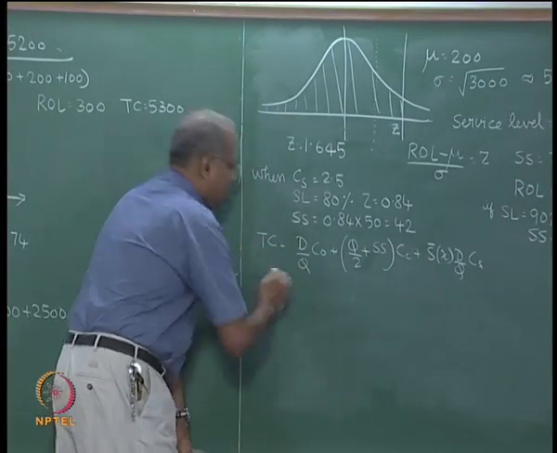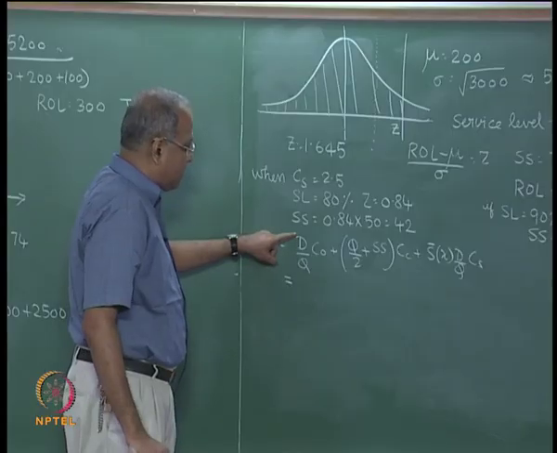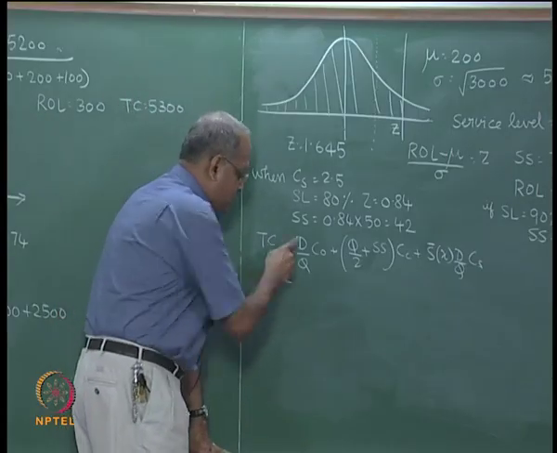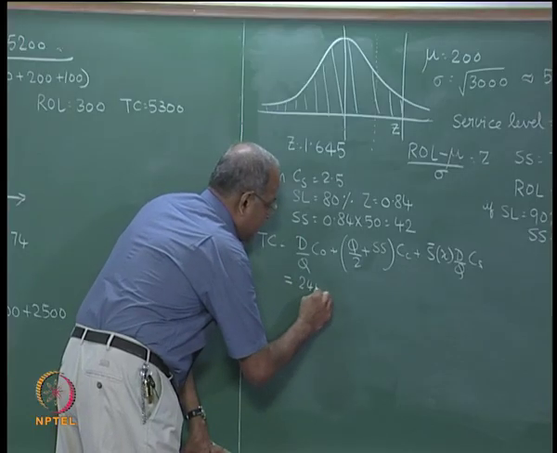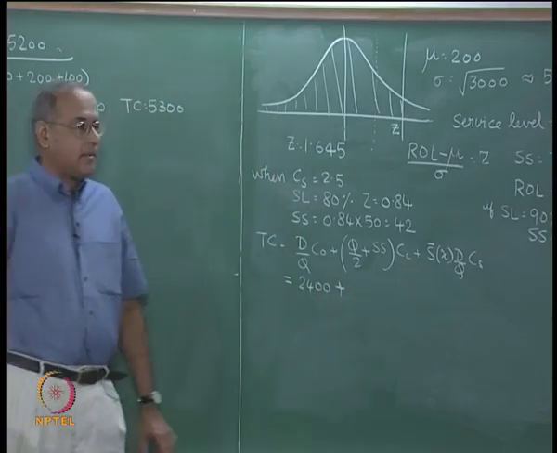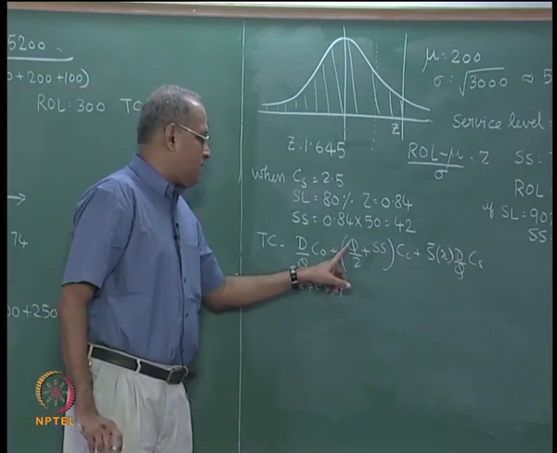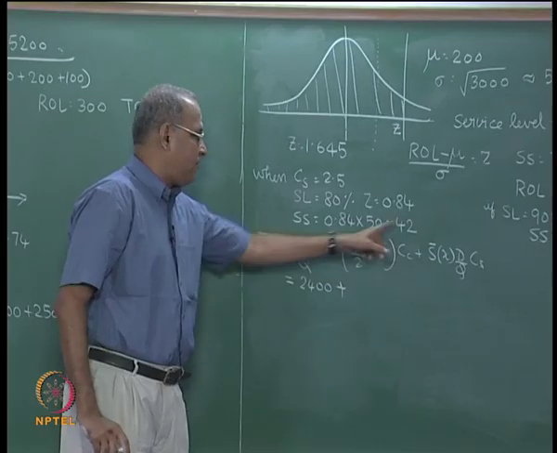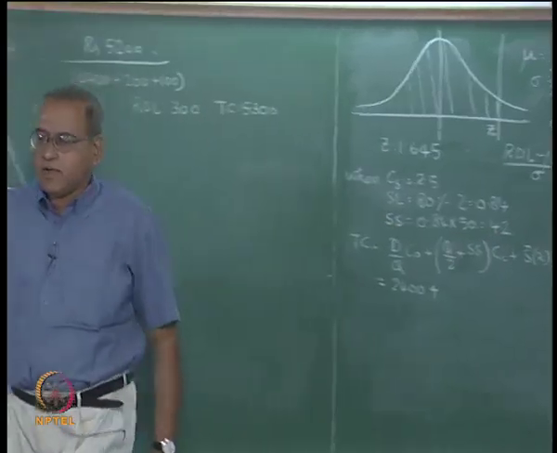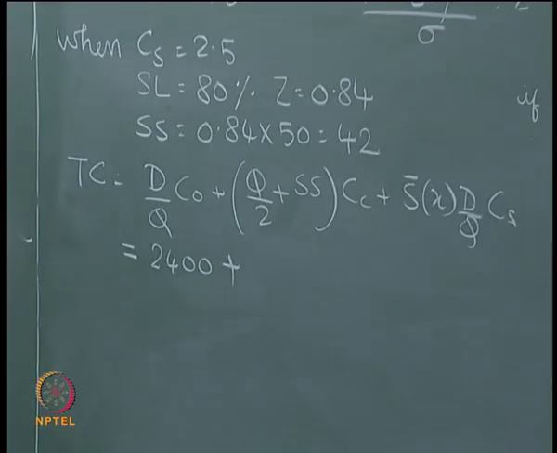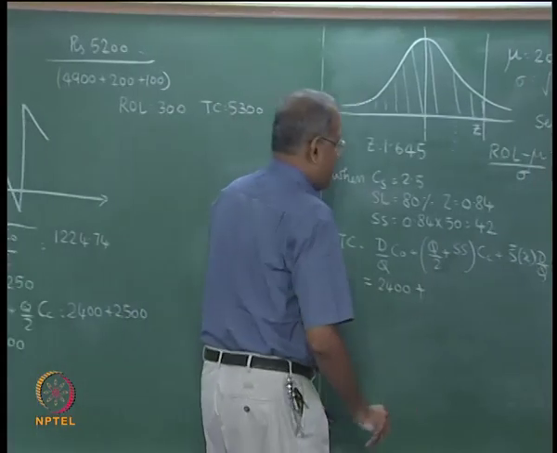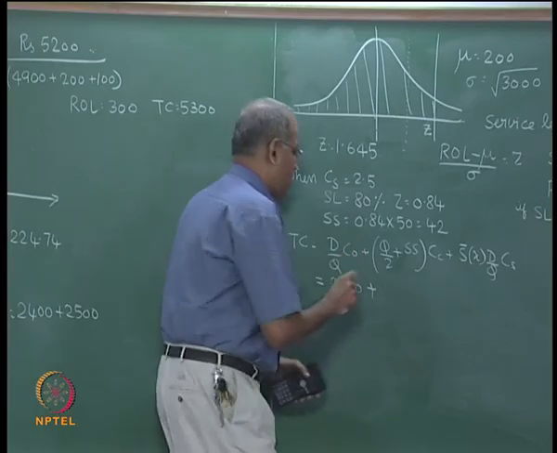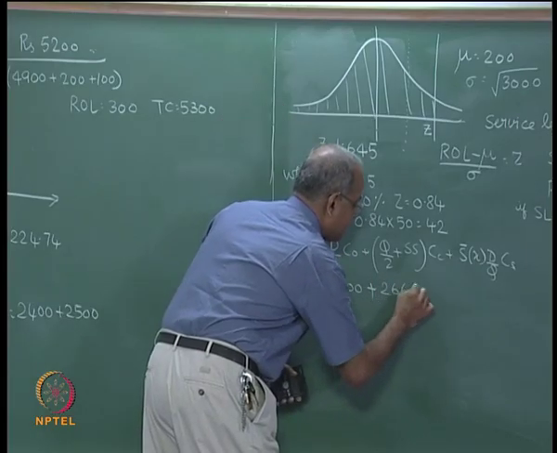This gives us d by q, 10,000 by an assumed value of 1250, which is 8, into 300 is 2400, plus q by 2, which is 1250 by 2, which is 625, plus 42 is 667, into 4, 2668.